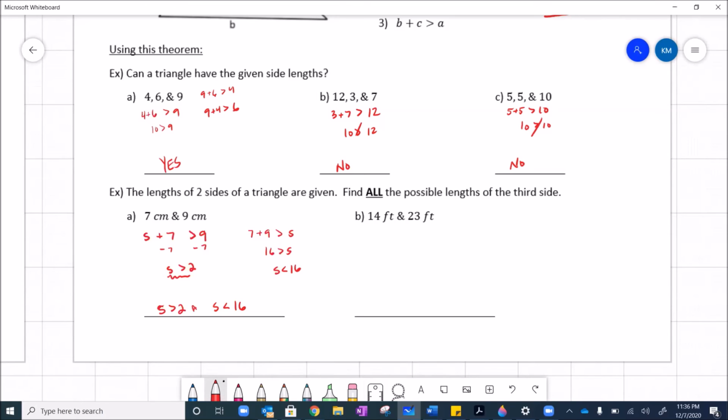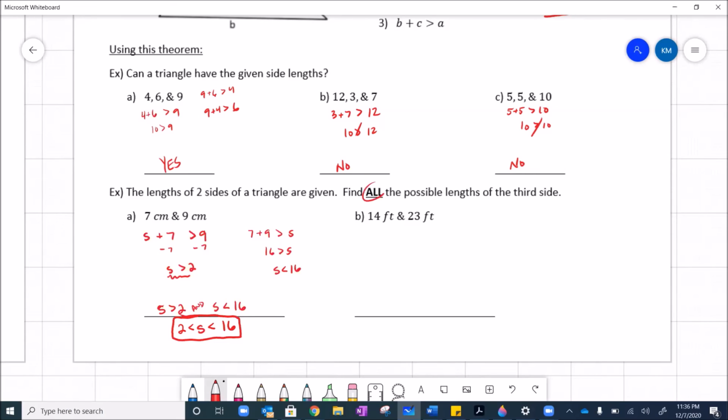Or, and this is probably the preferable way, you could write it as a compound inequality, with S in the middle, saying S is greater than 2 and less than 16. It's probably the preferred way to do it.